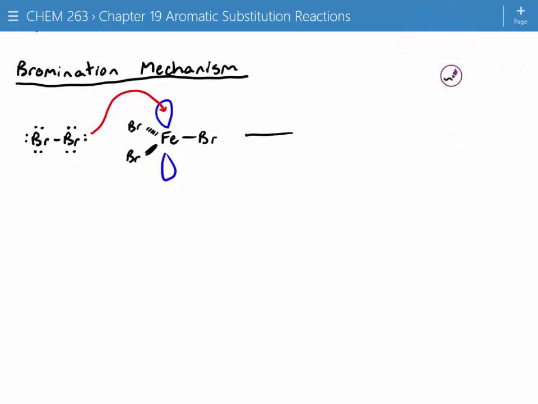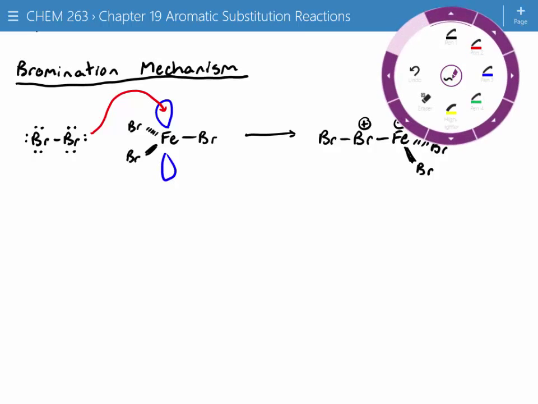And so when it does this, we've now got this kind of goofy looking complex here. And the iron becomes tetrahedral. And in this case, the iron has a negative charge, and the bromine has a positive charge, right?